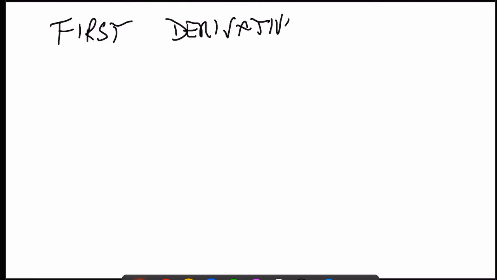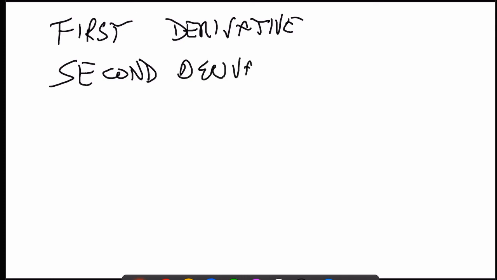So what we've been doing is what's called the first derivative. What we need to do now is something called the second derivative. The second derivative is the derivative of the first derivative.